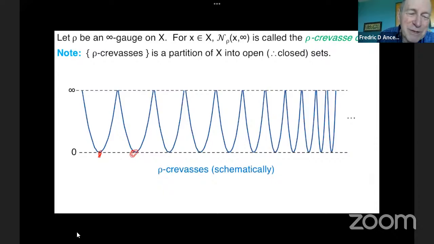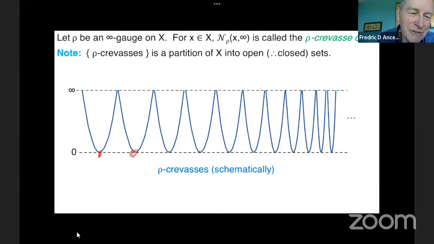So what this picture means to me is that at the bottom of these parabolas, that's a point, and you're looking at the graph of the distance function, and the space is divided into these regions that represent the infinity neighborhoods of different points.